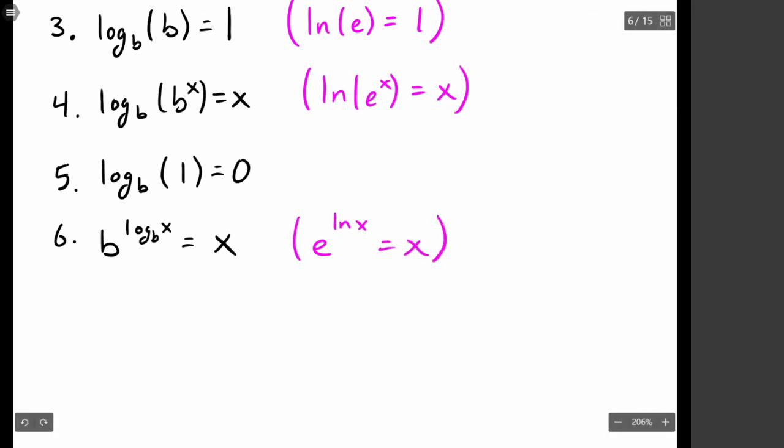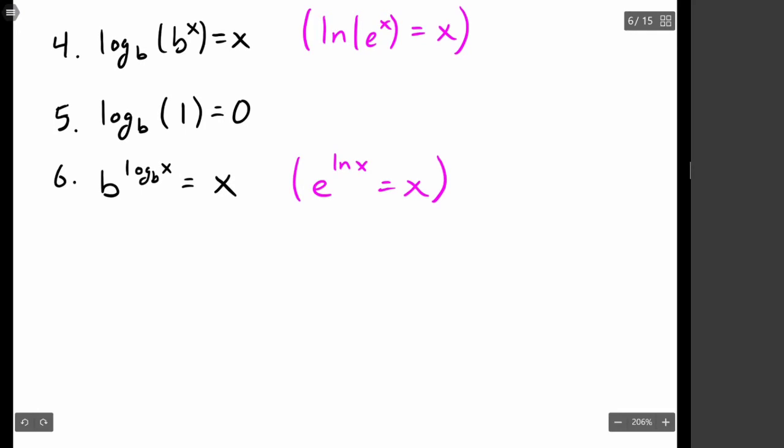All right, and the very last thing is arguably the most important property of logarithms. We used this when we computed derivatives of exponential functions, and we're going to use this a lot.